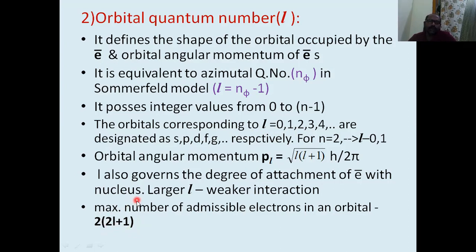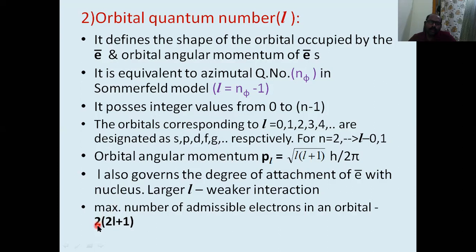So in the s orbital, we can accommodate only 2 electrons maximum. Similarly, in the p orbital, L is equal to 1. So 2 plus 1 is 3, and 3 into 2 is 6. The maximum number of electrons in the p orbital is 6. So this number is governed by the orbital quantum number.